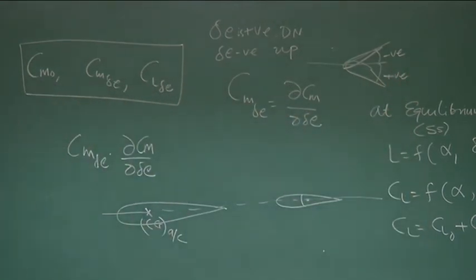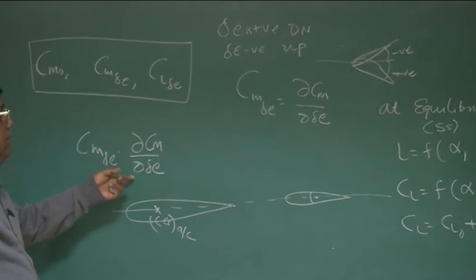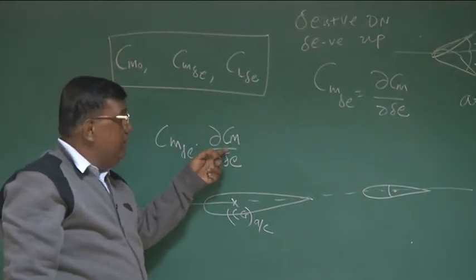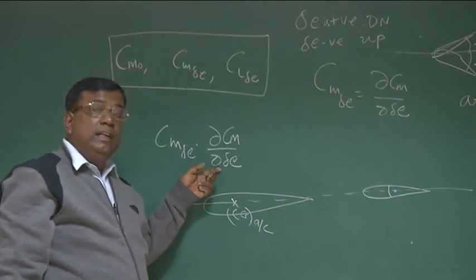Now, in order to understand Cm delta E, which is a partial derivative, by definition it is the change in Cm, that is the pitching moment coefficient, per unit elevator deflection.